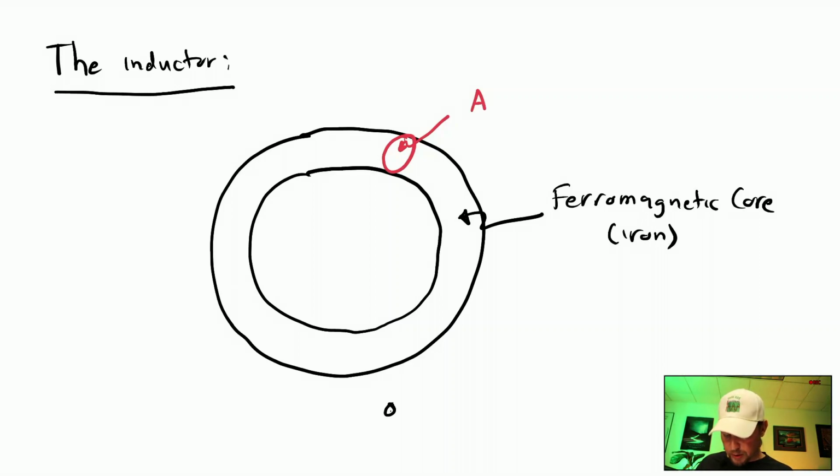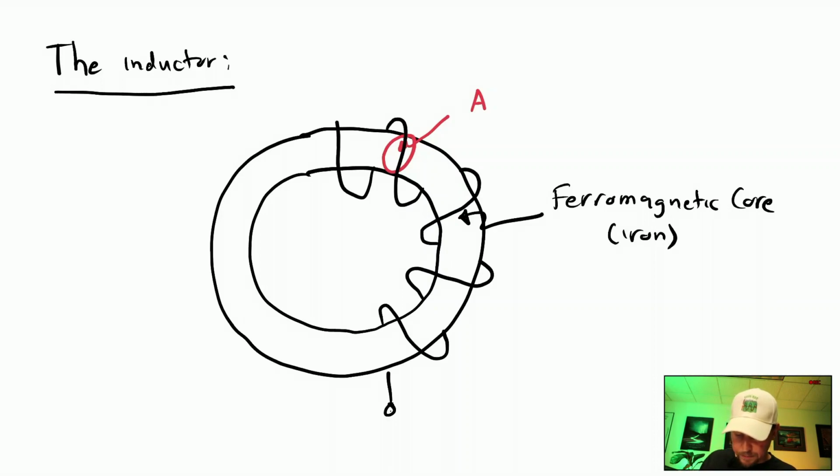So suppose that I start with a terminal here. It starts with a wire and then it wraps around the entire structure in such a way that it looks kind of like this.